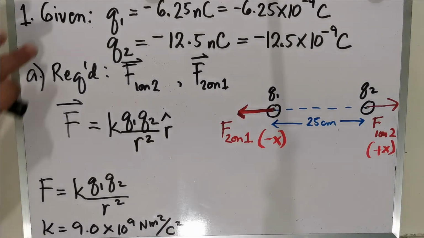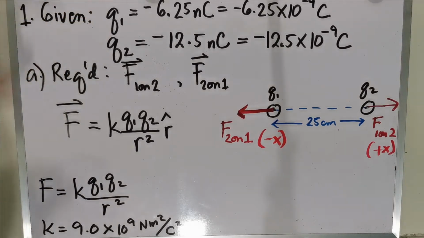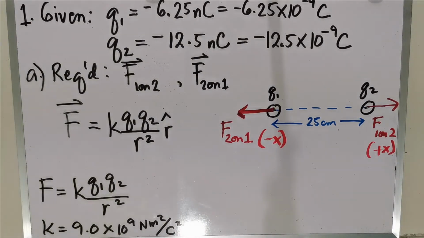Q1 and Q2 are the amount of the charges rather, and then R is the distance between the two charges, which is 25 centimeters, or simply 0.25 meters.